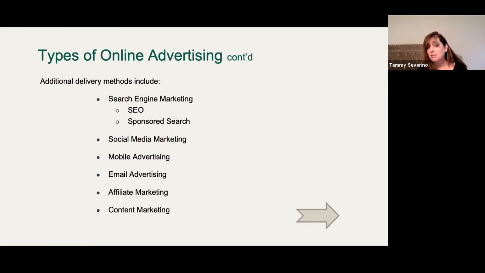So you have social media marketing. Those are ads that are floating through on your feed on any of the platforms. So that can be on Twitter, on LinkedIn, on Facebook, TikTok, any of the platforms, you can have advertising on those. You have mobile advertising. So there's two types of mobile advertising. You can have something that is coming up via text or via WhatsApp.